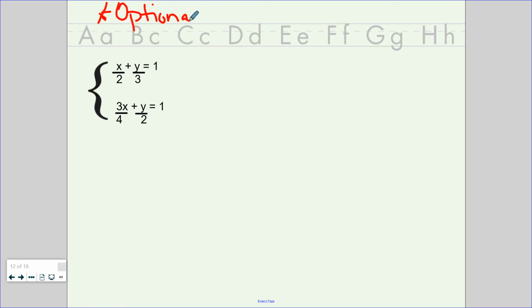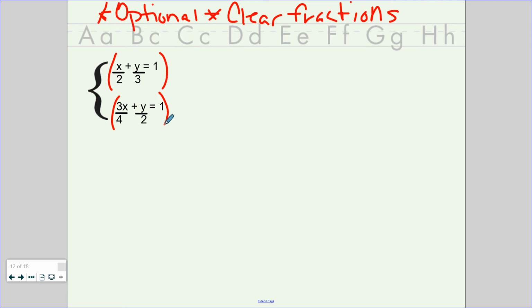An optional step at the beginning is you can clear fractions as long as you don't have any variables in the denominator like this problem. So you can see I just have numbers in my denominators. To clear the fractions, again, optional first step, is you multiply each equation by its least common denominator.